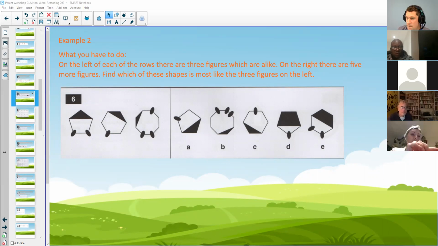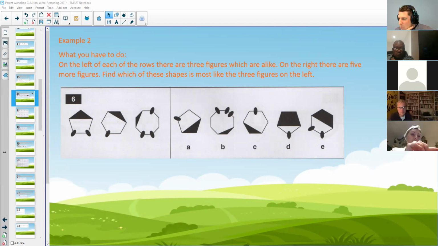So remember, do focus on different things. It may not just be one thing you need to look at. When you've got an answer you think you know, put it in the chat.